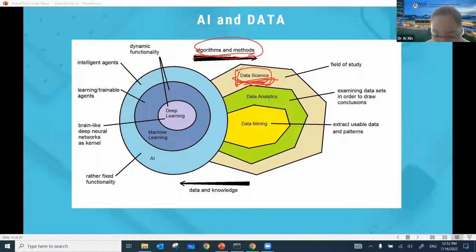But if you only have data, you don't have AI algorithm, it is also useless. Okay, so AI and data normally work together to solve the problems. And currently we have a very cutting edge machine learning, deep learning model ready. And so what we are lacking is the data from different industry.